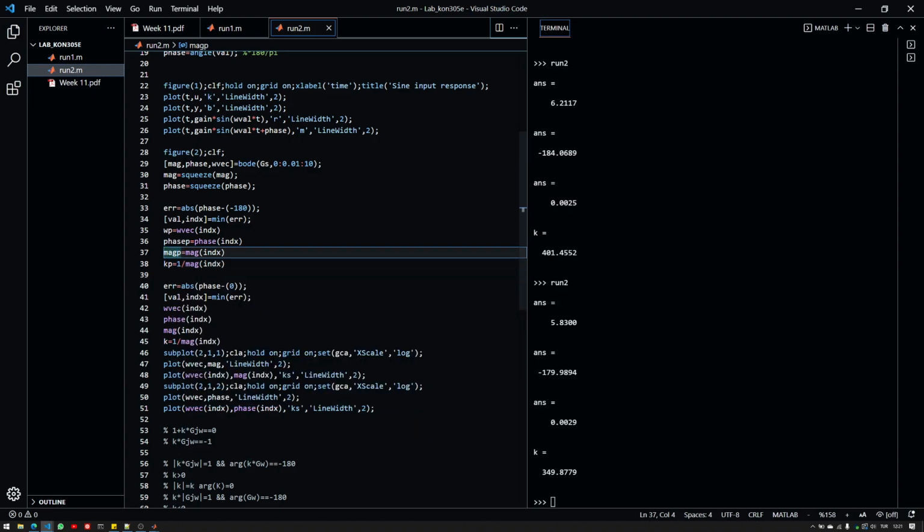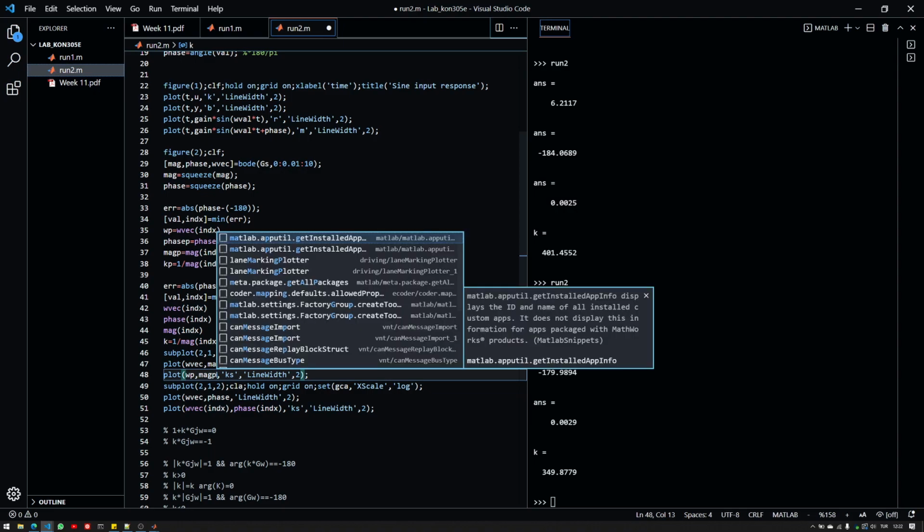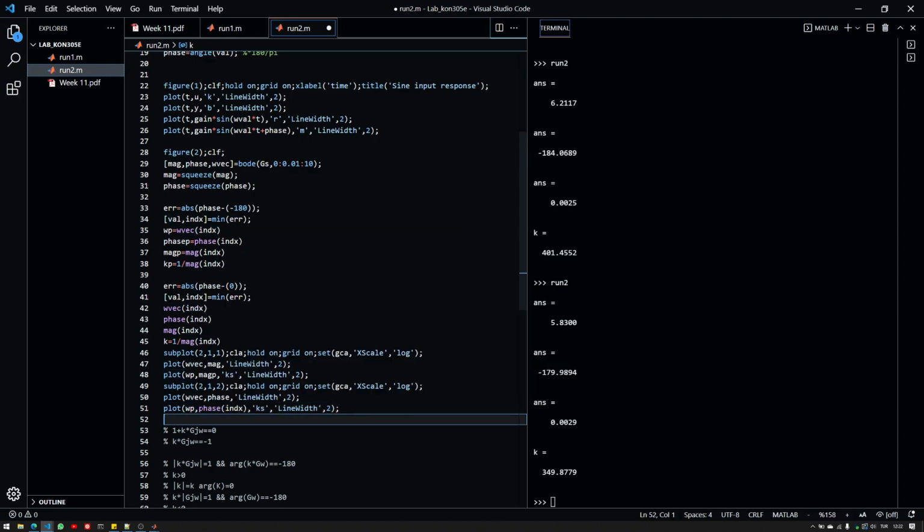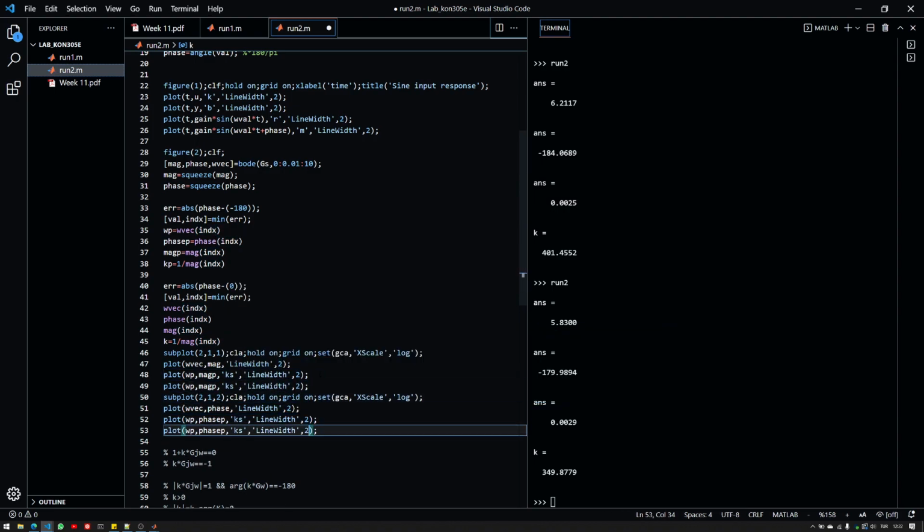So therefore we need omega P, because we've assigned it now, mag P, and then omega P, and phase P. Of course, I would also repeat this. Let's put in, for example, an asterisk here. Not really that important. Now we will construct the negative ones.